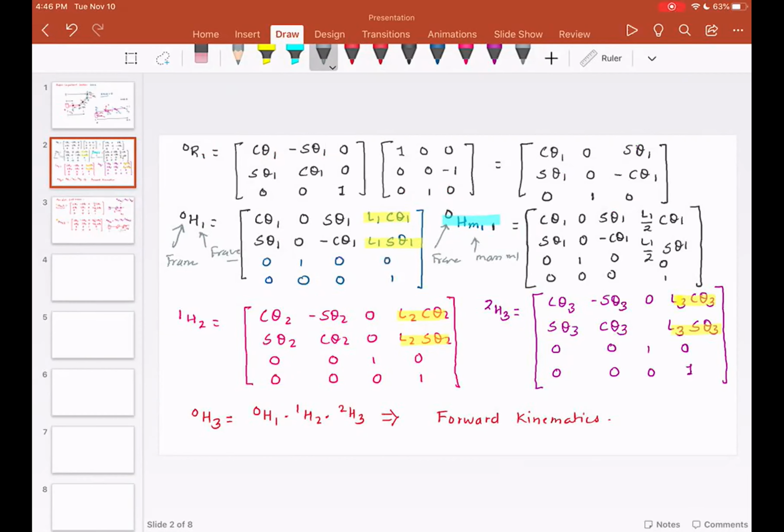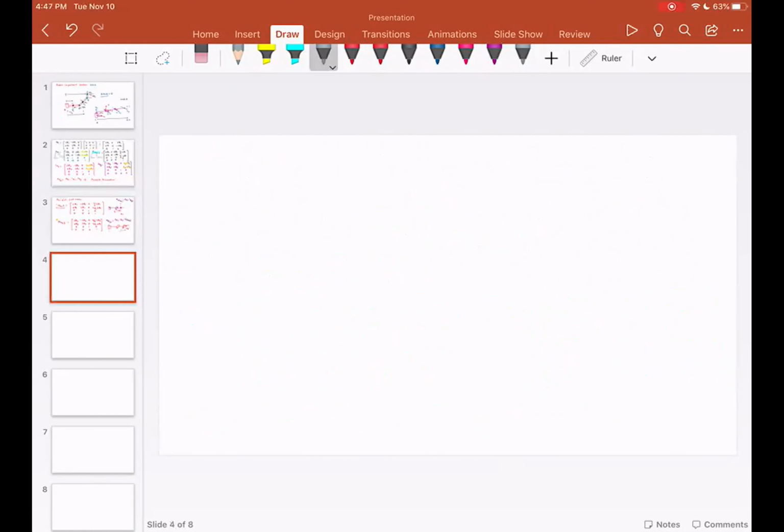Trust me, once I work out the problem, you will see that this problem is very straightforward. The only thing is you have to systematically follow it through. Now, the next step is we have to find out the positions of mass M1. So how do we find out the position of M1? The position of M1 is from 0HM1.